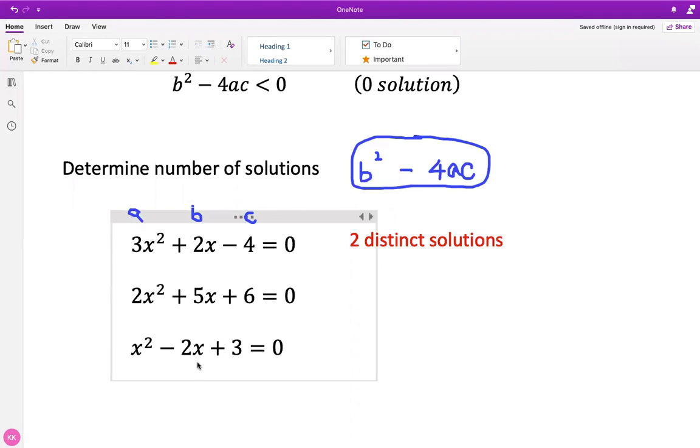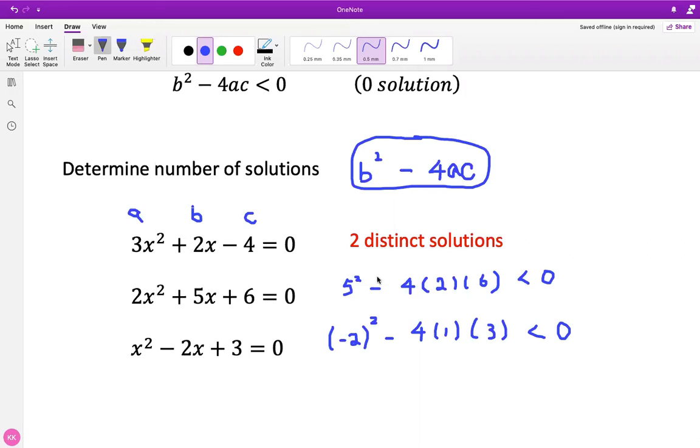Try to figure out the next two examples on your own. You can pause the video and think about this. You should expect to get these numbers and these answers. So we have 25 minus 4 times 2 times 6. 4 times 2 times 6 is 48. So 48 is greater than 25. So we have 25 minus 48, and we get a negative number here.